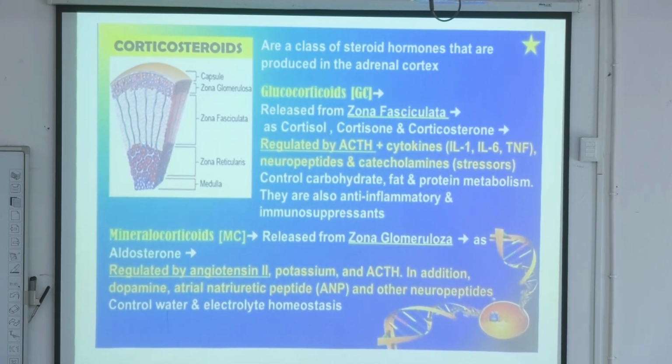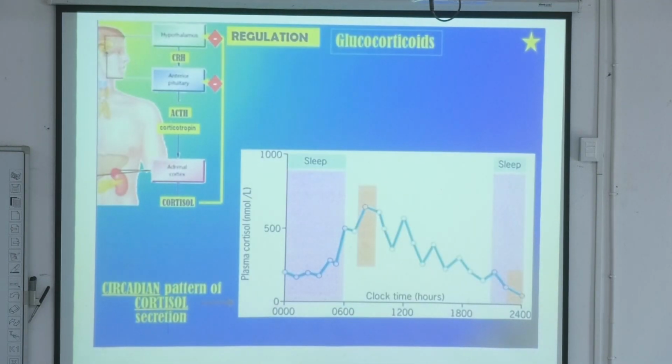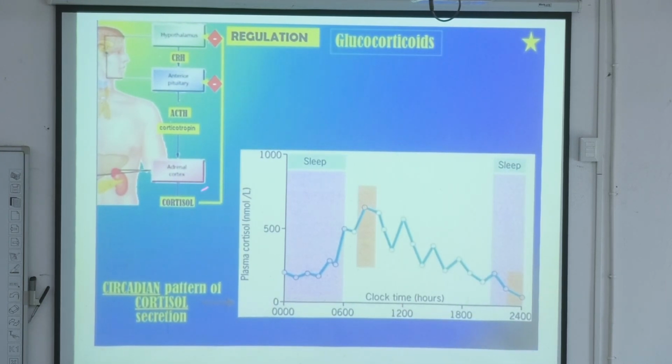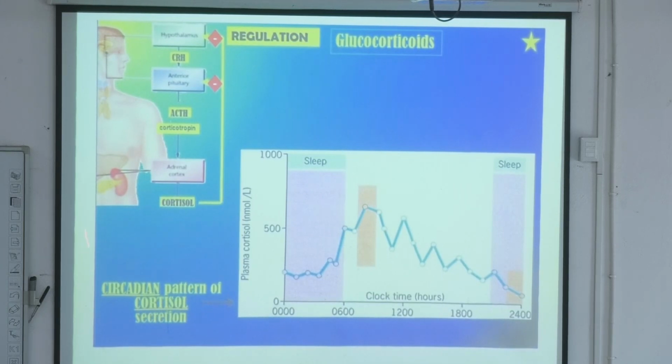আচ্ছা, তাহলে ACTH। See, hypothalamus secretes corticotrophin-releasing hormone, CRH. That acts on anterior pituitary, and from the anterior pituitary, adrenocorticotropic hormone is released. That ACTH acts on adrenal gland and produces glucocorticoid. Mainly, the most important glucocorticoid is cortisol.